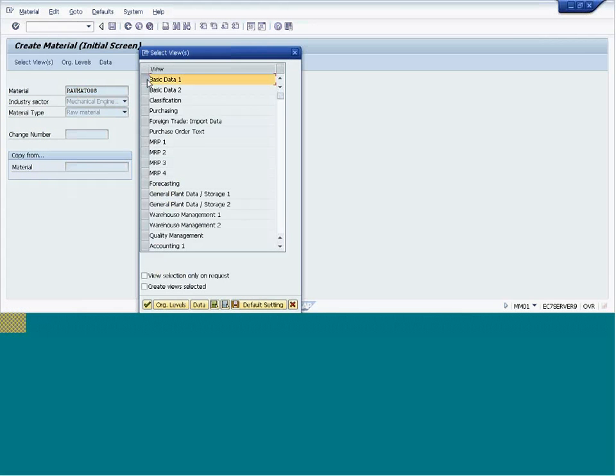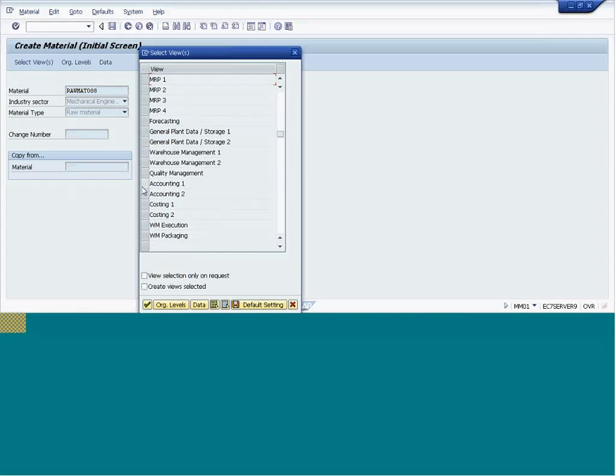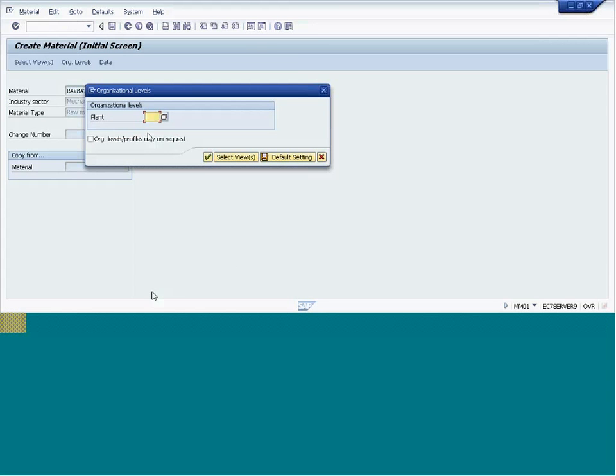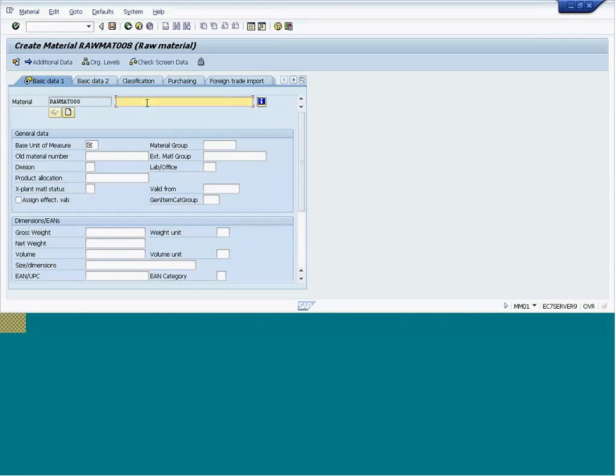I'm just creating basic data and then accounting views 1 and 2. We don't need costing views, but you can still have them if you want. I'm just putting 3000 and raw material with the moving average price.